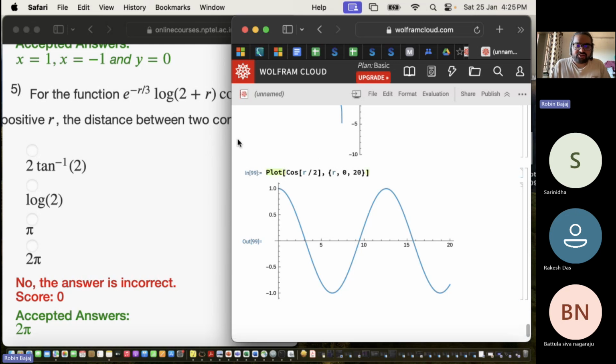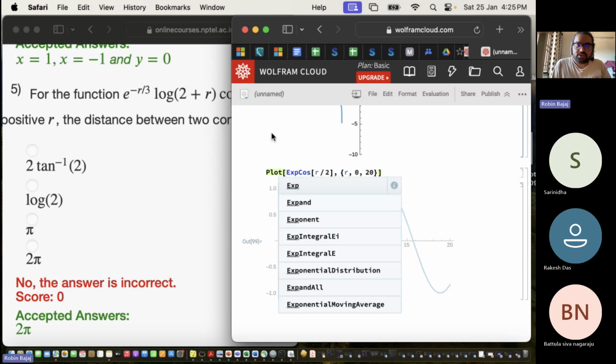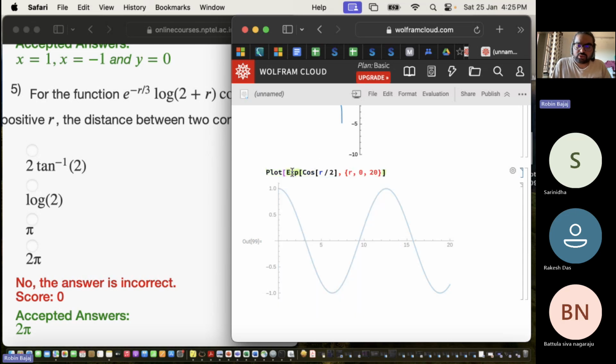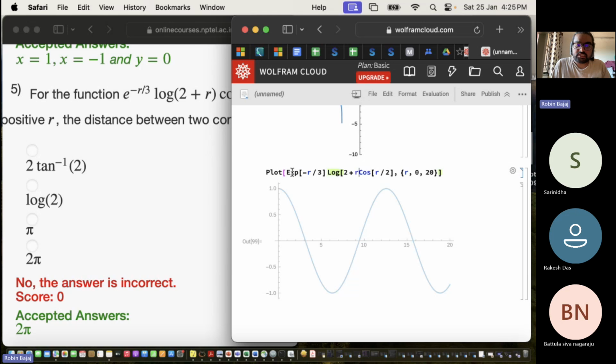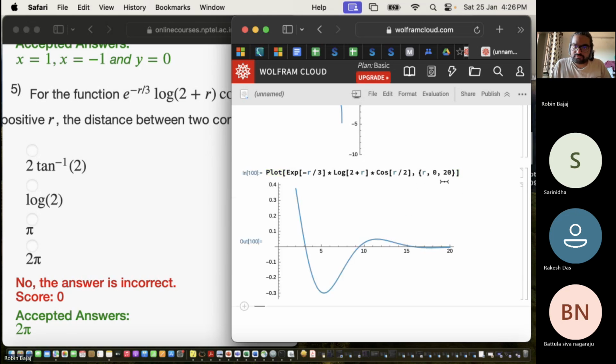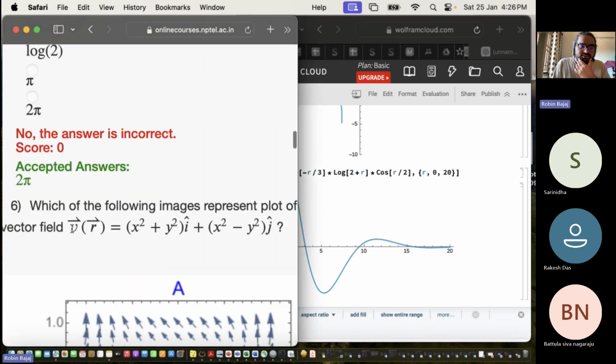But if I put this weird function around, it would still remain the same, because that is what decides the zeros in this function. So you don't have to, but let's do it for the sake of doing it. Log 2 plus x. Okay, there has to be multiplication. We should put that. Yeah, so you see, this is a dying function, but the distance between zeros is 6.28 only. So that is the distance, which is 2 pi. So that's why the option 2 pi is the correct one.